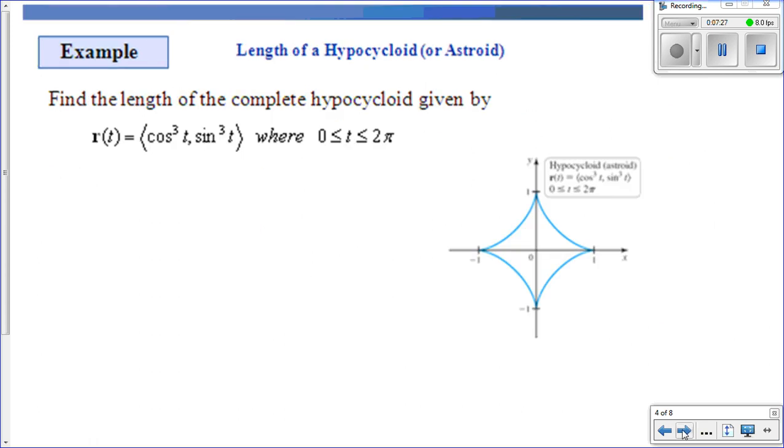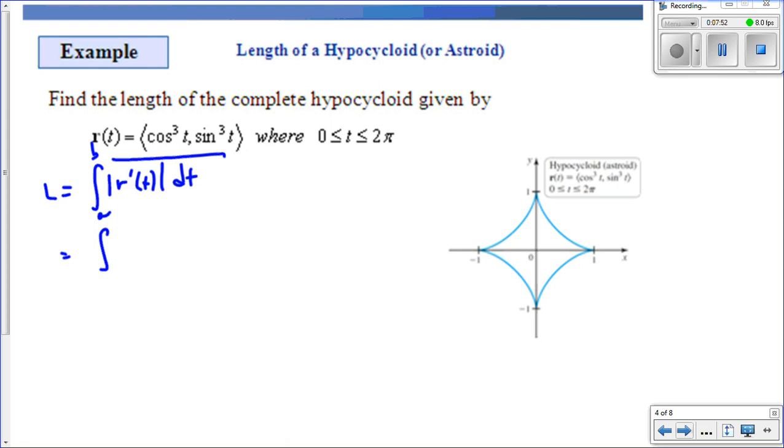Let's find the length of this hypocycloid that's given by this function. Well, we know arc length is the integral of the magnitude of r prime of t dt from a to b. Now again, I'm not going to integrate over the entire 0 to 2 pi.